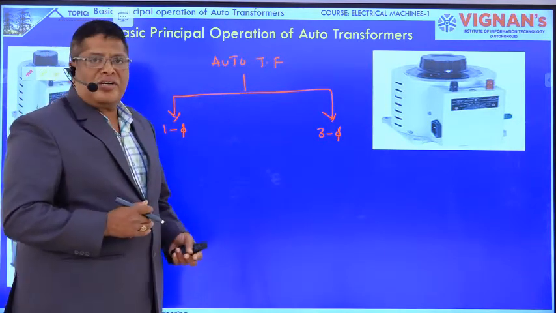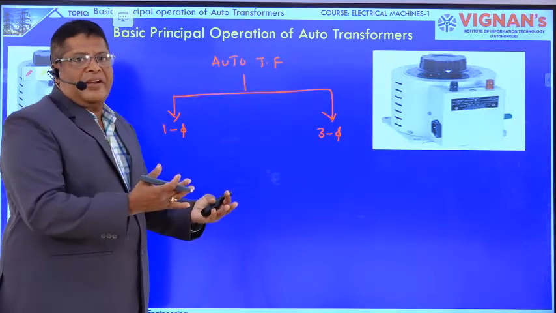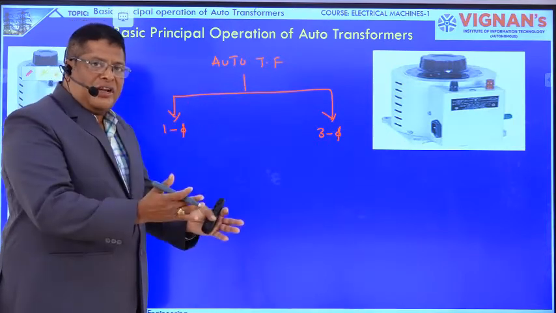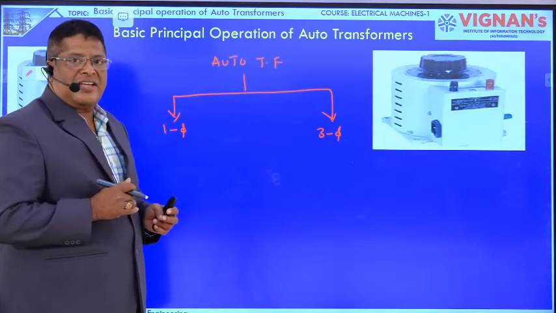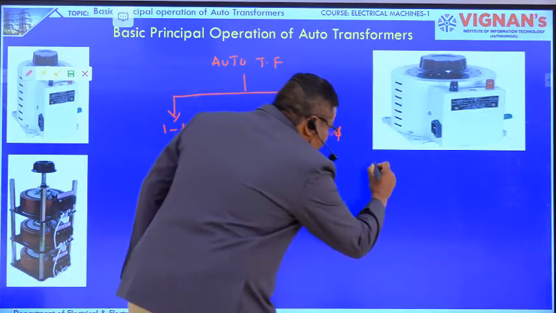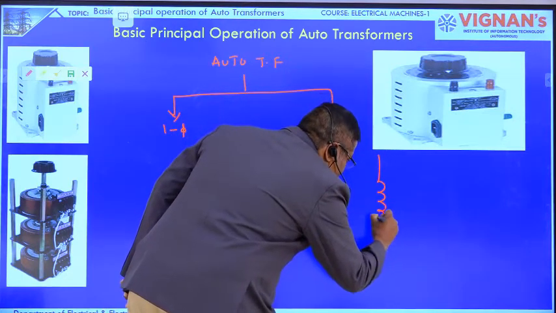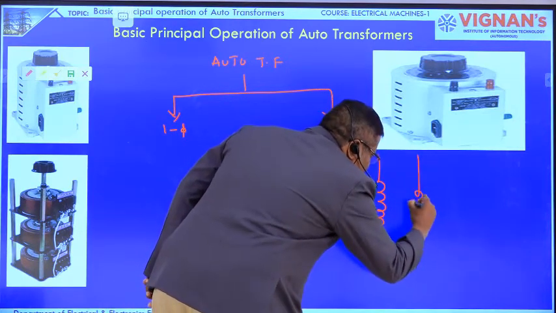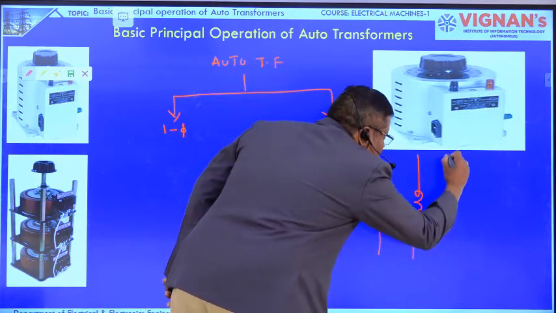Three phase auto transformer is nothing but we are giving a three phase supply. The auto transformer itself has three windings. Three phase auto transformer means, see here, this is one winding, this is another winding, this is the third winding.